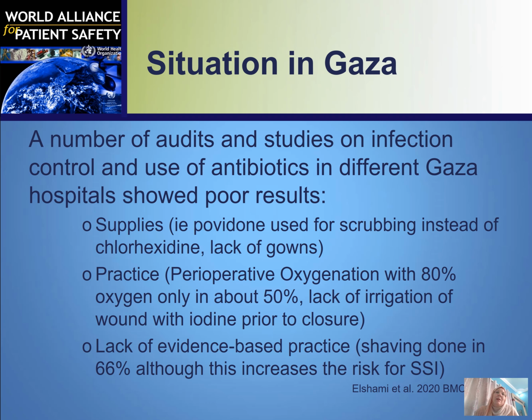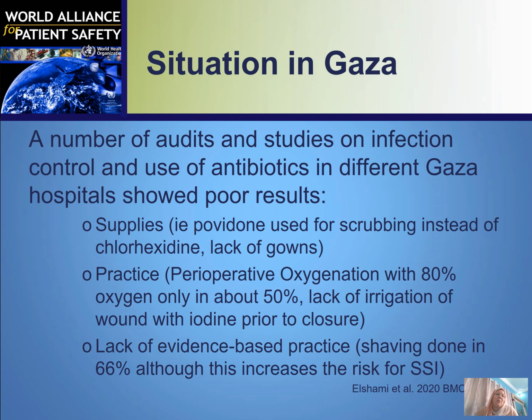For example, perioperative oxygenation with 80% oxygen, which is known to reduce surgical site infection, was only done in 50% of patients. Similarly, irrigation of the wound with iodine prior to closure was only done a few times.